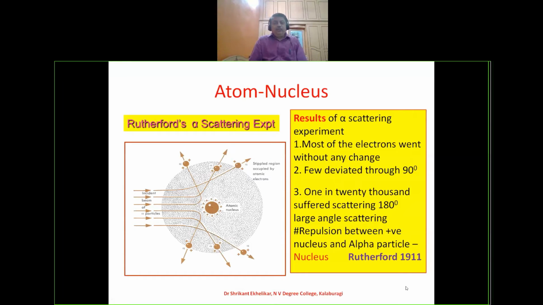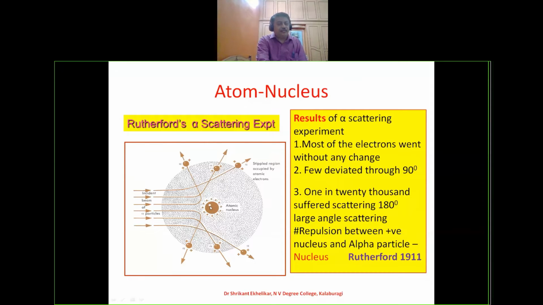So now we will be discussing the most important experiment, the birth of nuclear physics, or the starting point of nuclear physics, which is Rutherford's alpha scattering experiment. If you look at the left hand side of the slide, there is a clear diagram illustration of an atom with dotted lines, and the dark region at the center is the atomic nucleus, with positive charges and some neutrons.